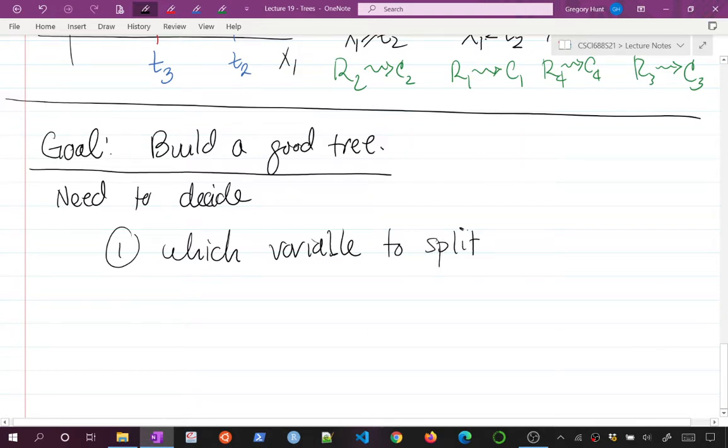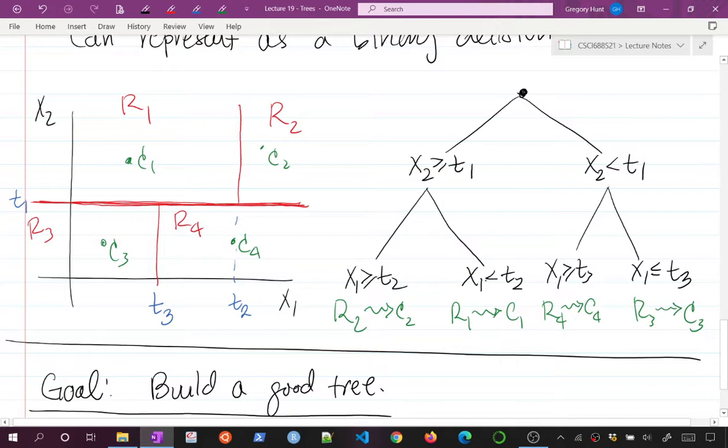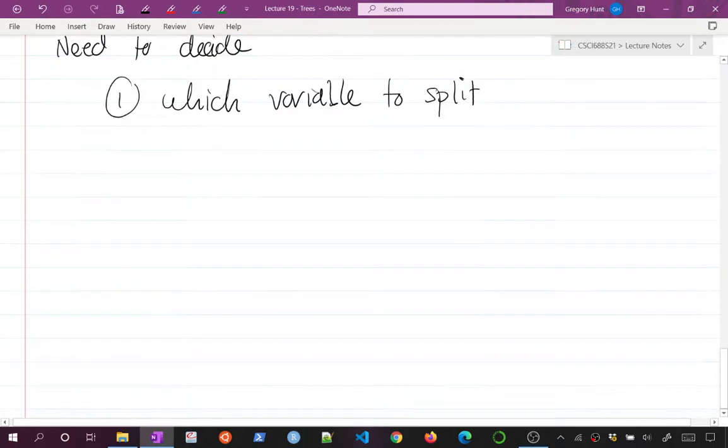Because the way we build up this tree, or alternatively our set of rectangles, we pick a variable and we split the space at a certain location. So the first question is, which variable do I split on? And we do this recursively. We split, and then we look at the sub-rectangles, we split, and we split. So which variable do I split on? Where do I split this variable?